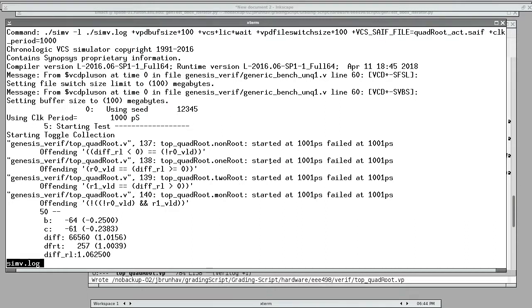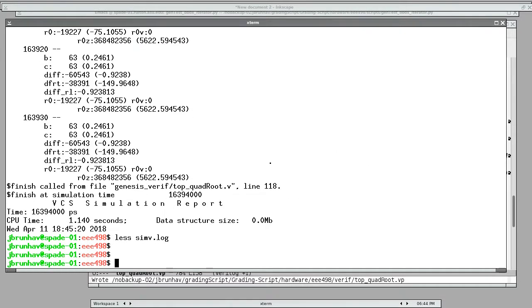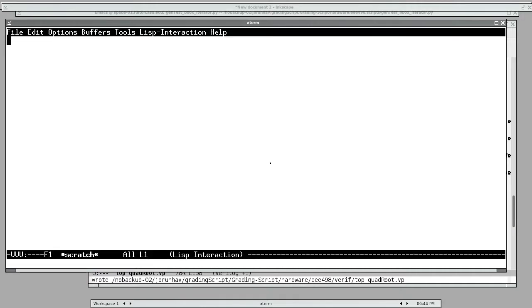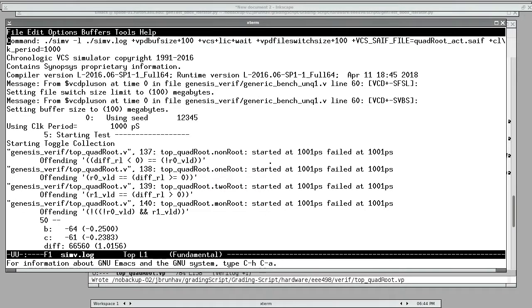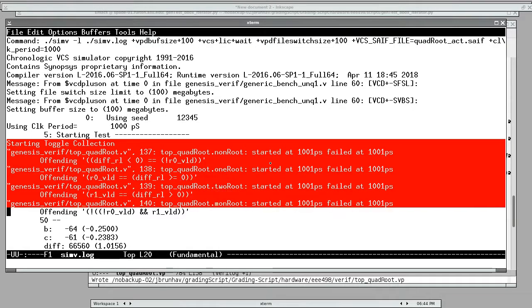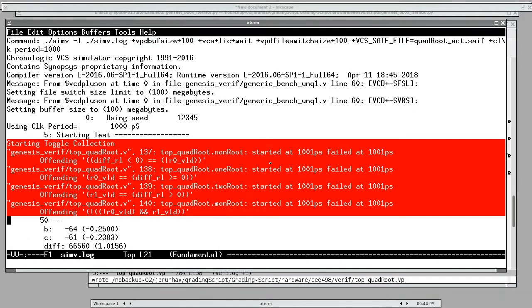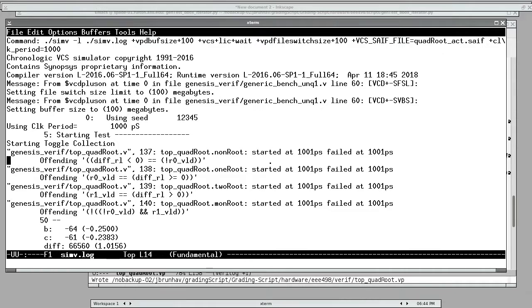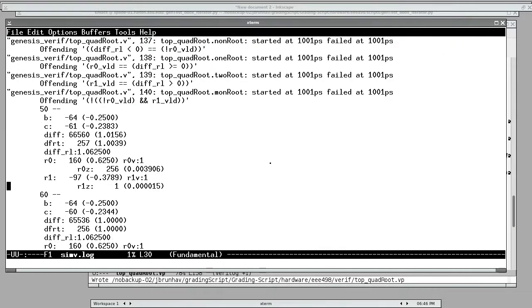Boo. So I suspect we need to guard these with something to prevent them from triggering at the beginning of the simulation. Unless it was triggering on the very first one.